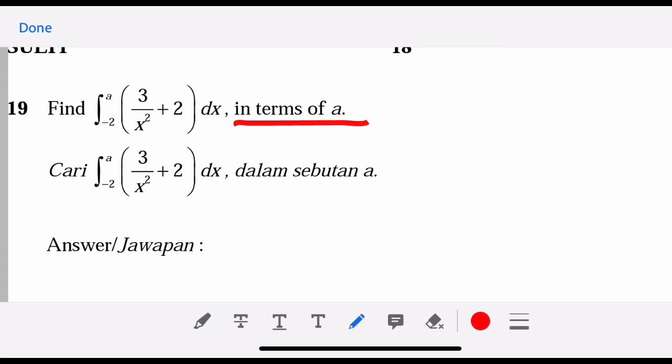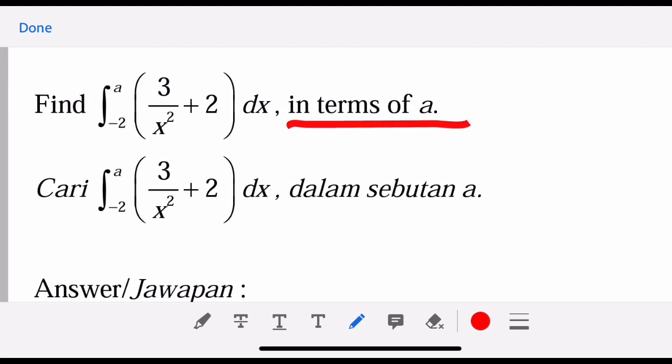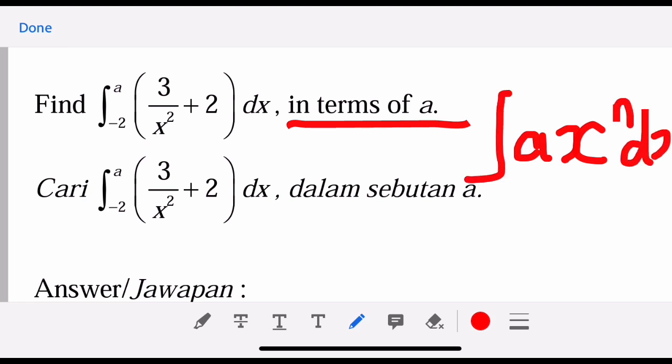So basically, if you want to integrate, you have to make sure you write in terms of the AX^N, alright? For any integration or differentiation, before you can apply the formula, you must actually express into power form.